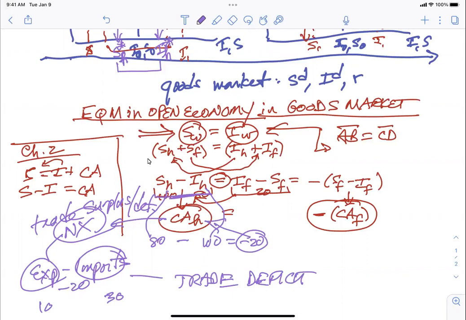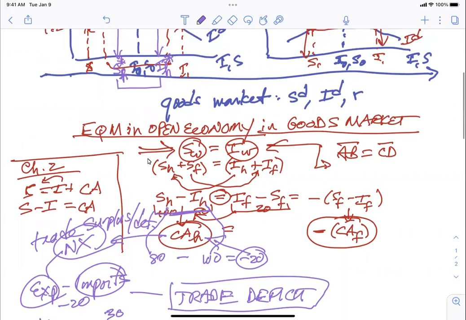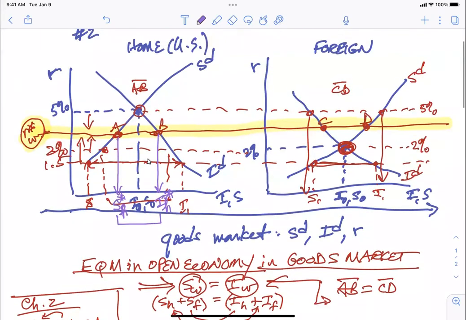The way to think about that is that this is an aside right now. I'm going to come back to it, I need to finish this off. So the question is, why did I set it up so this is higher than this one? Because I knew that the equilibrium world interest rate has to be between the interest rate that would happen in the home country and the foreign country if they were separate countries.